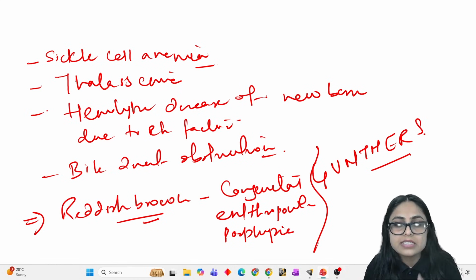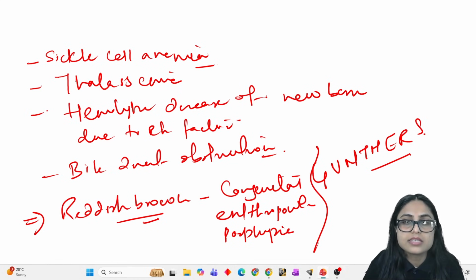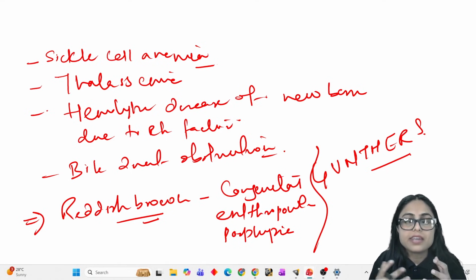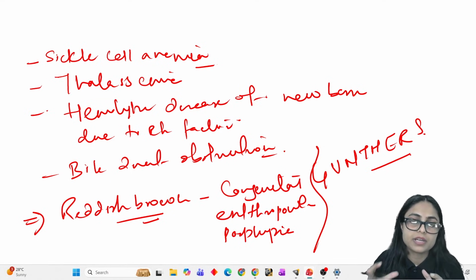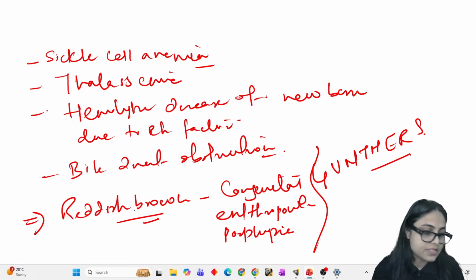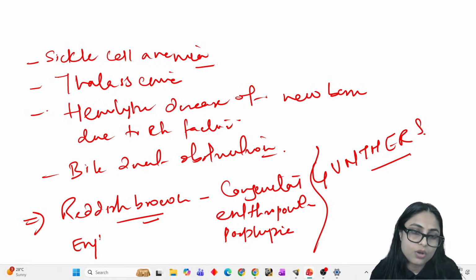That can cause the discoloration. So we have porphyrin pigment which is incorporated into the teeth, and that can cause reddish brown pigmentation, and this is called erythrodontia.